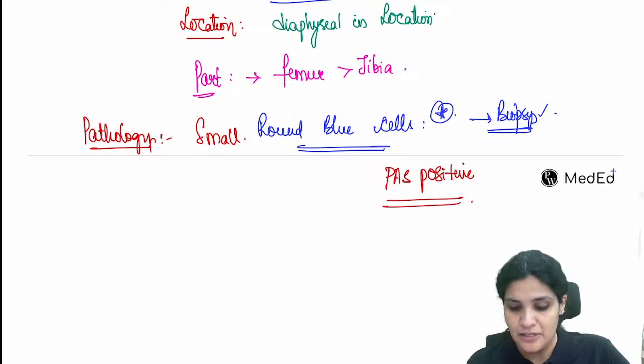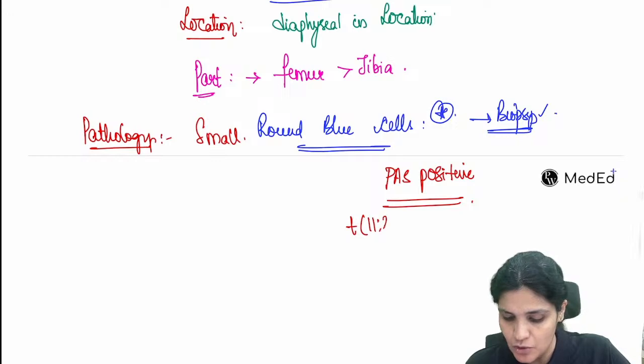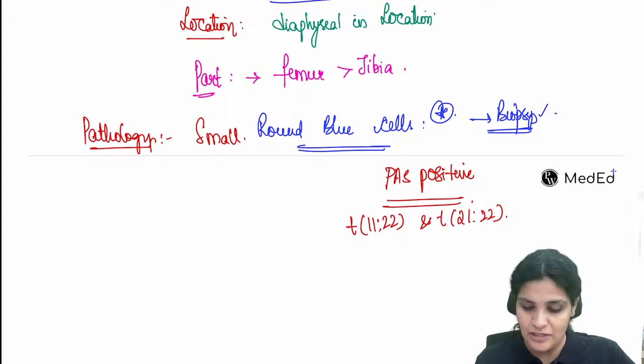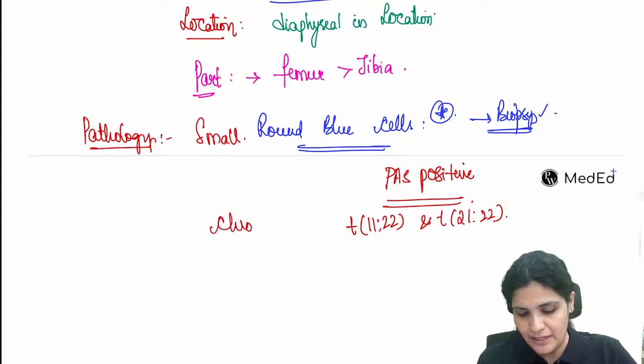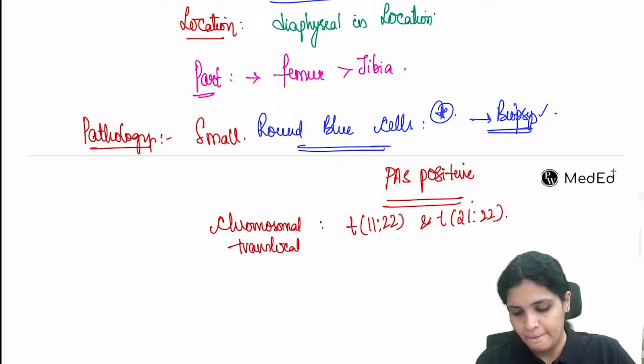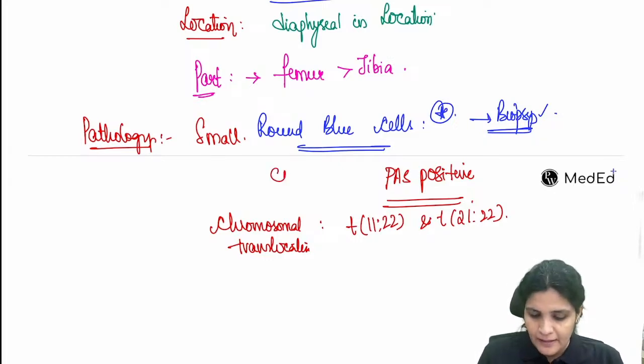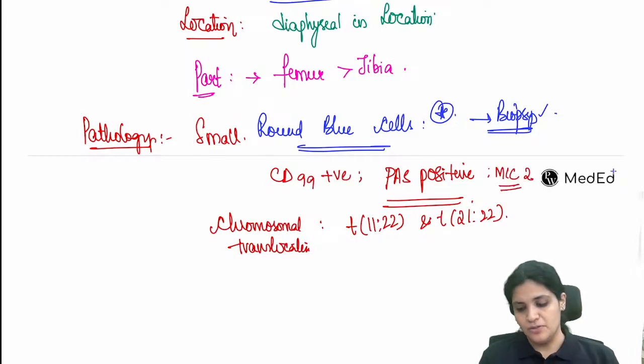These are chromosomal translocations, that is t(11;22) and t(21;22). These are the important translocations. These are the chromosomal translocations to remember. And it is also CD99 positive, MIC2 positive.